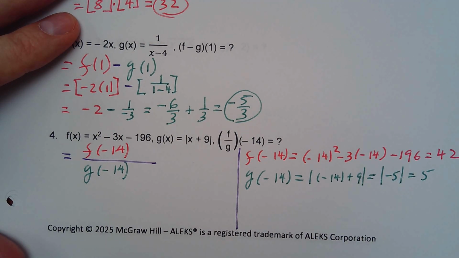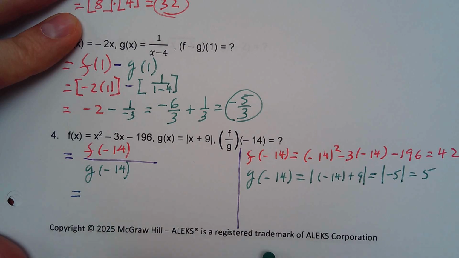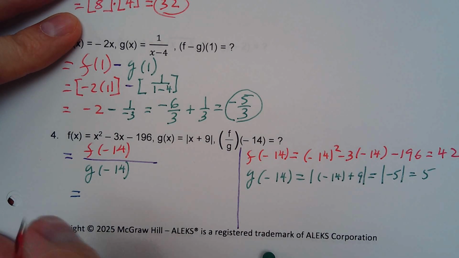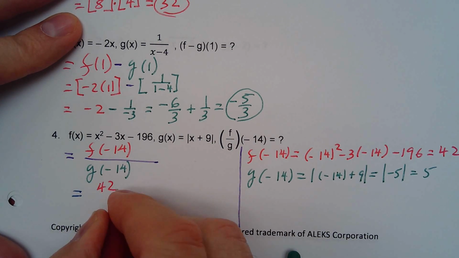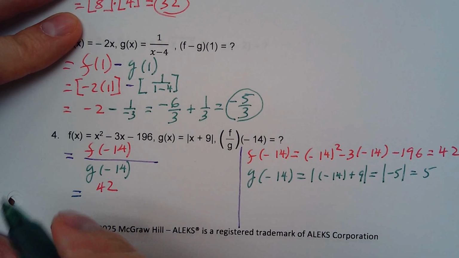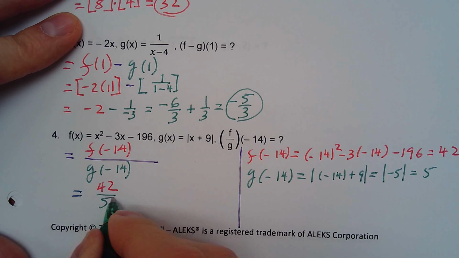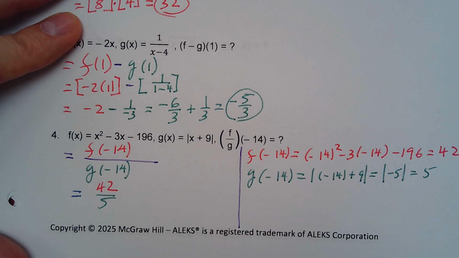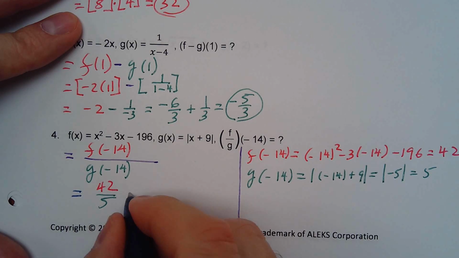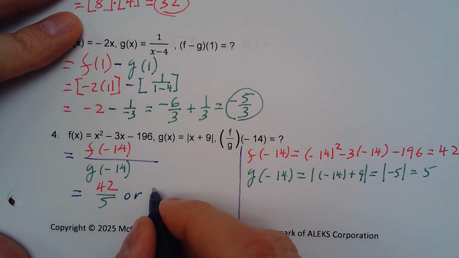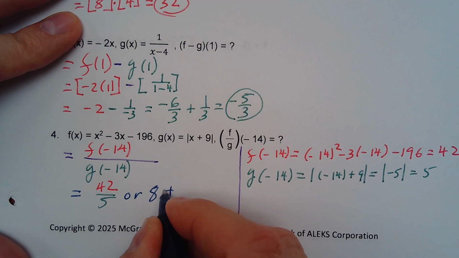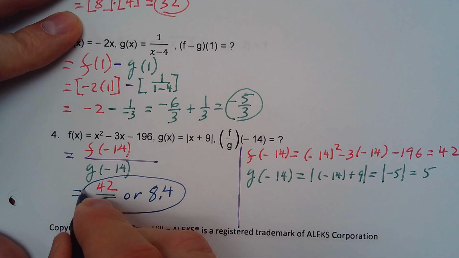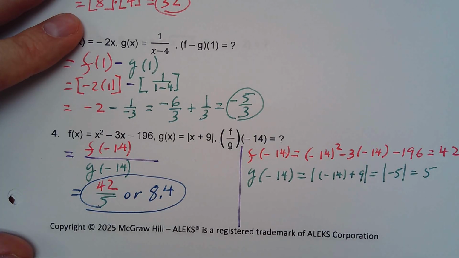So now I'm going to write this as 42 over 5. If your teacher asks you to leave it as a fraction reduced to lowest terms, that's done. If not, if you need to write a decimal, just go ahead and divide. So that would be 8.4 if we did it as a decimal. So again, just check to see which answer they want.